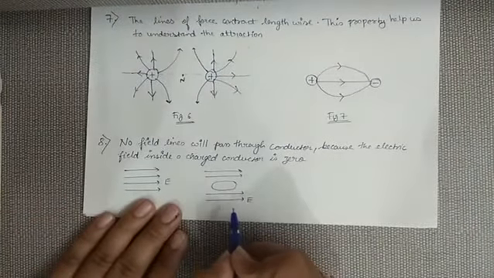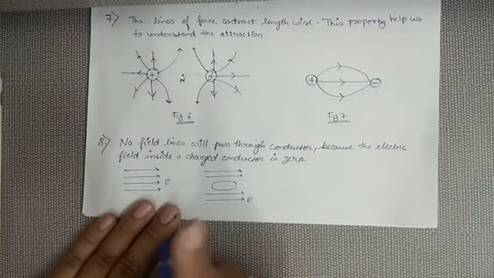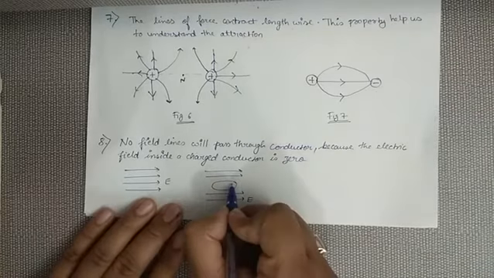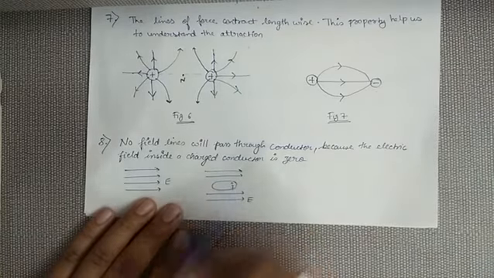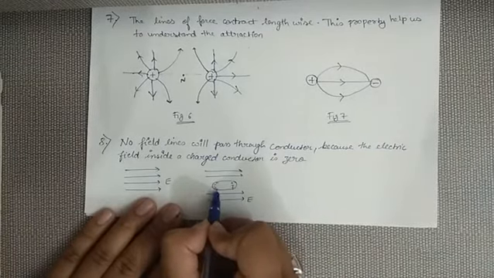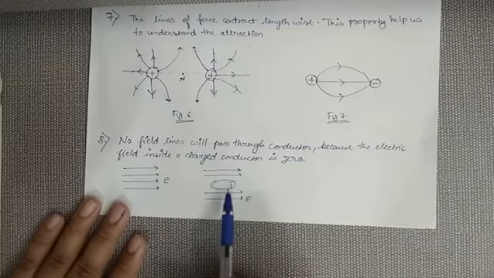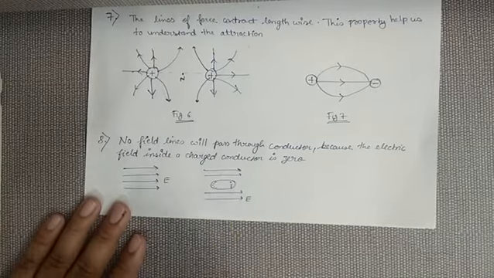As we always know, positive charge moves in the direction of the field and negative charge moves opposite to the direction of the field. So all the positive charge will collect on one side, and the negative charge will collect on the opposite side. Because of induction, positive will be in the direction of the field and negative opposite.